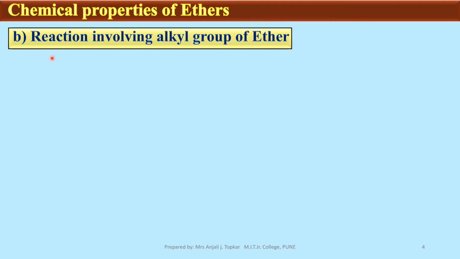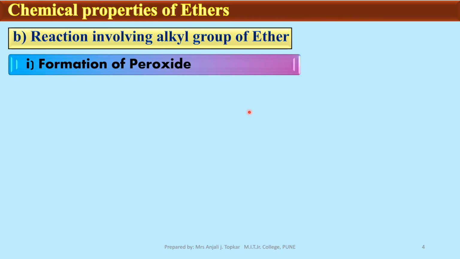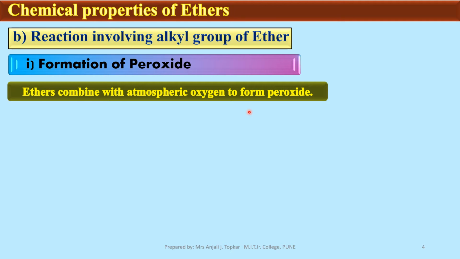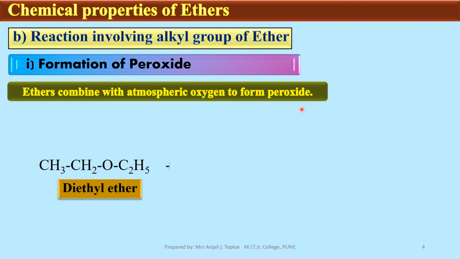Let's see the reaction involving alkyl group of ether, in which we are going to understand formation of peroxide. Ether combines with atmospheric oxygen to form peroxide. Let's see how. This is diethyl ether.